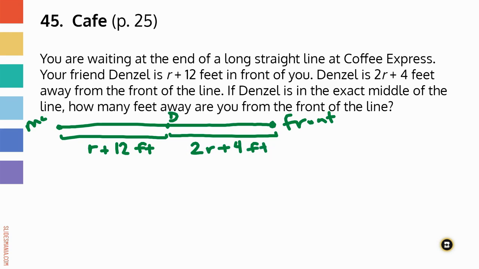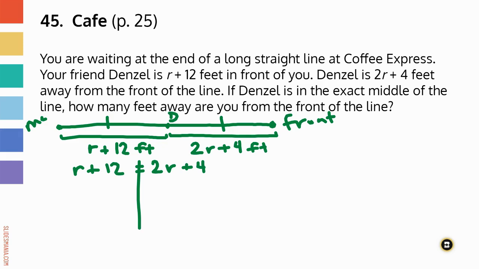And again, I know that these two are equal. These are congruent. So I'm going to put my little tick marks. And since they're congruent, I can set them equal to each other. So I have r plus 12 equals 2r plus 4. And then we're going to solve.